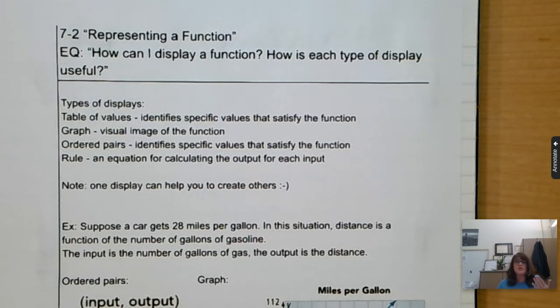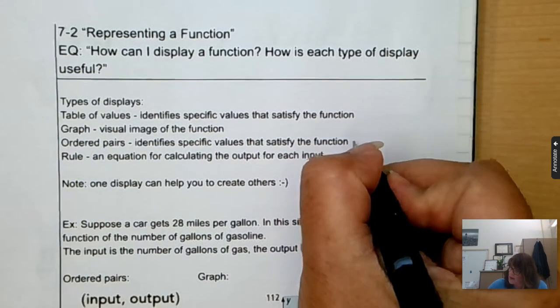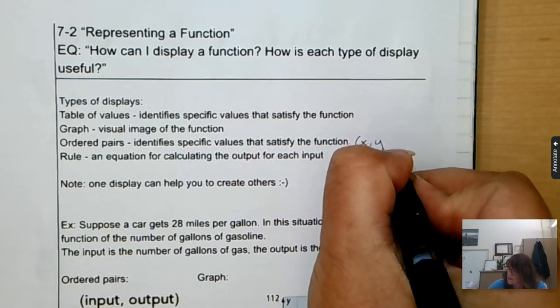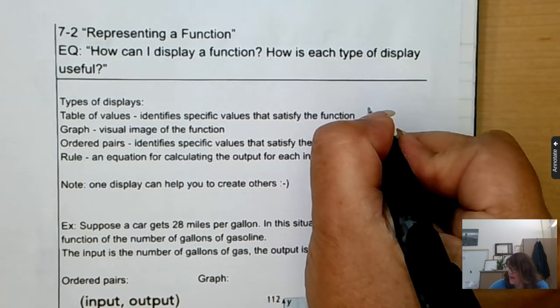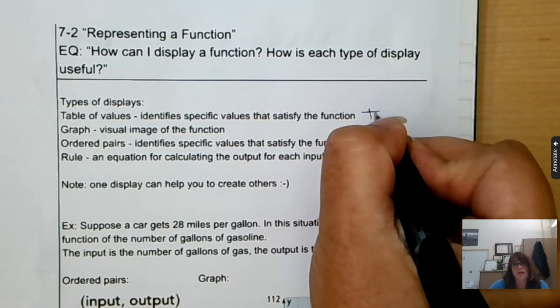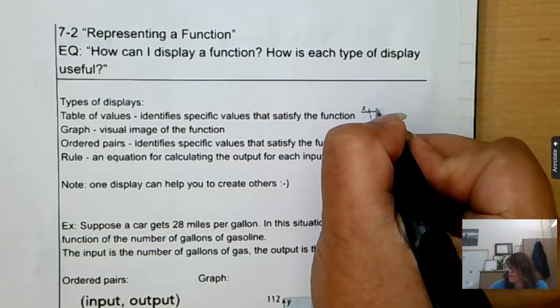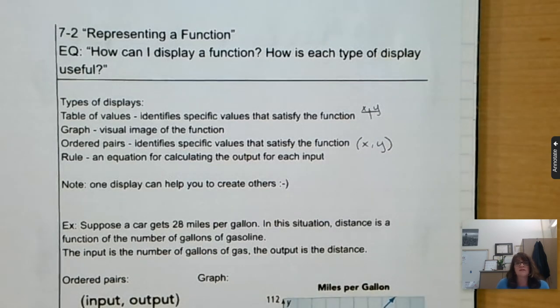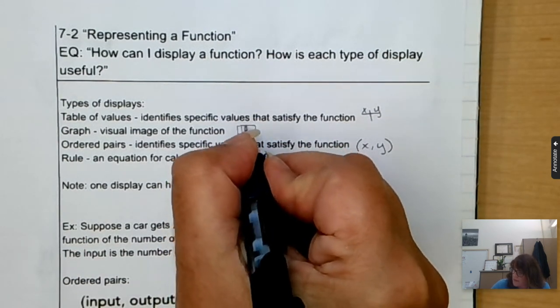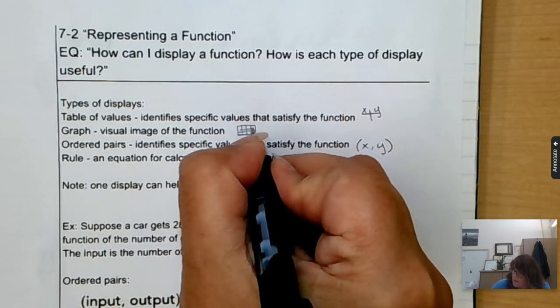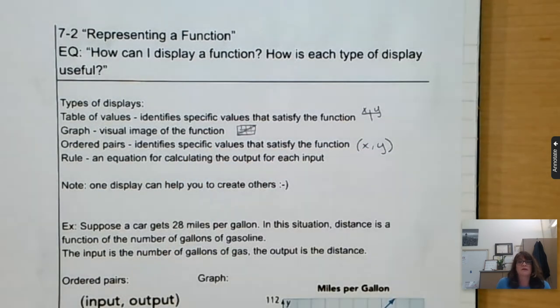Now, these can be shown in a bunch of different ways. They can be shown with ordered pairs, X, Y. They can be shown as a table of values. We kind of used that a little bit for our mapping diagrams in our last lesson. They can be shown as a graph, maybe as a line through it.